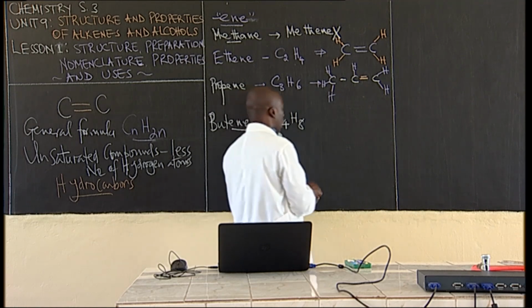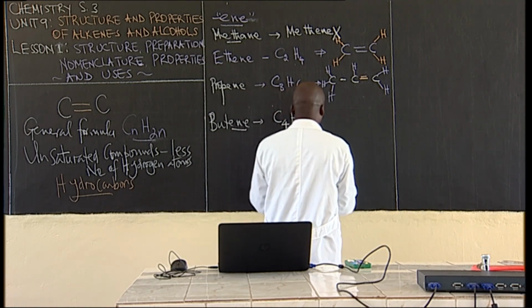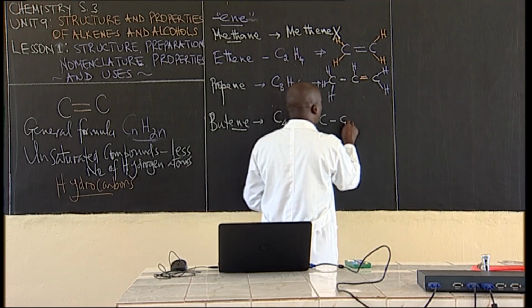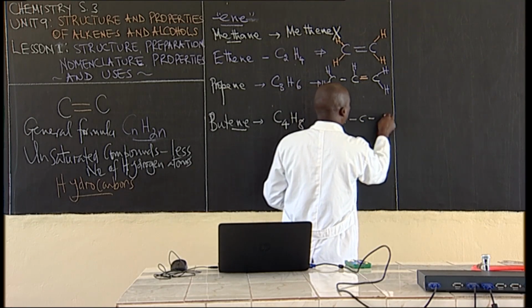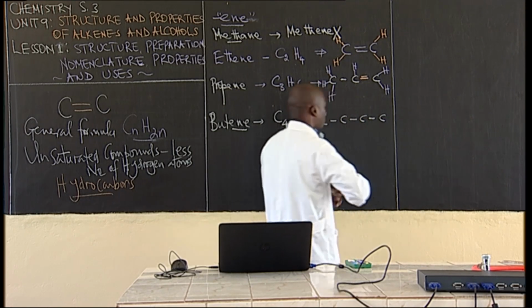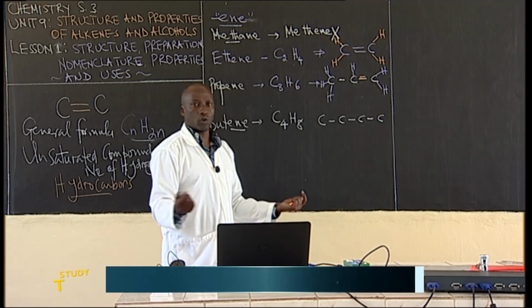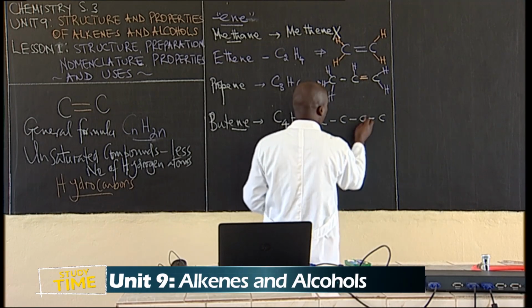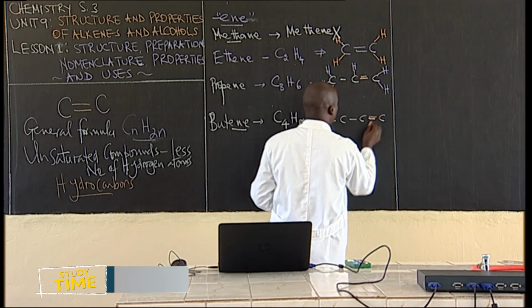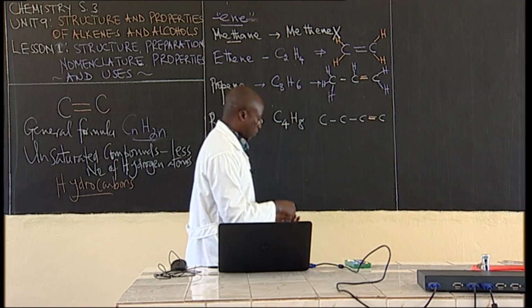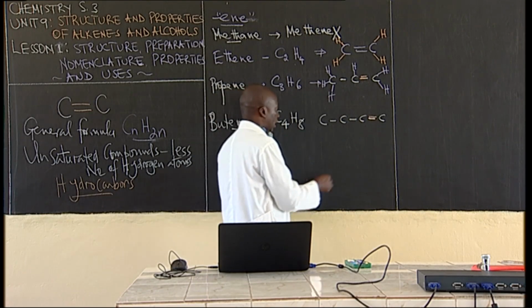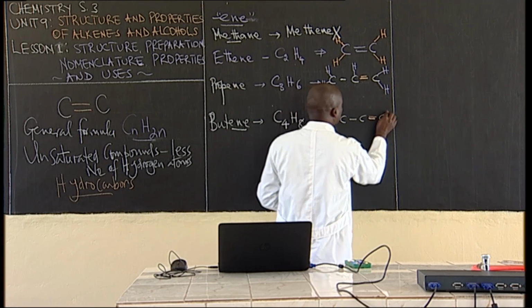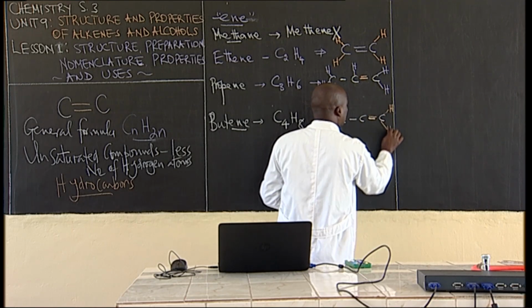So you put the 4 carbon atoms here, 1, 2, 3, 4. Put the double bond anywhere you want. I can put the double bond here. Then I put the hydrogen atoms. This is the hydrogen, this is the hydrogen.